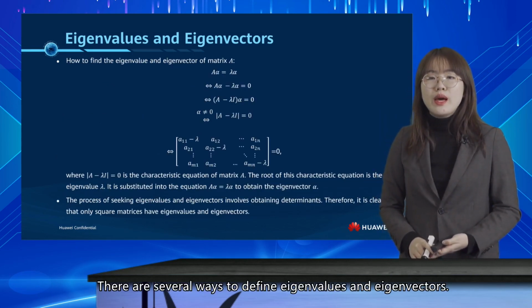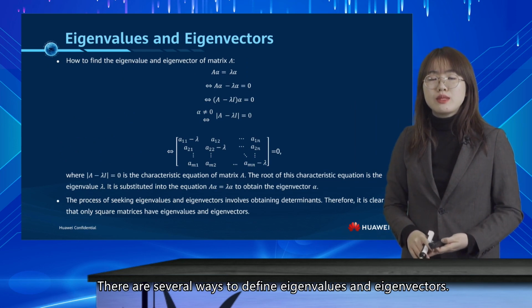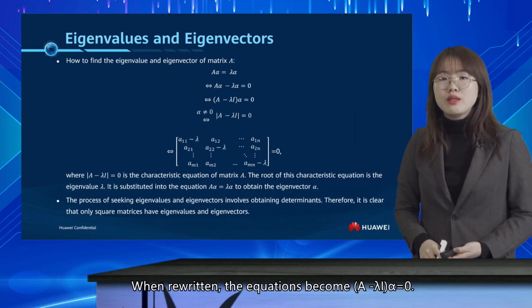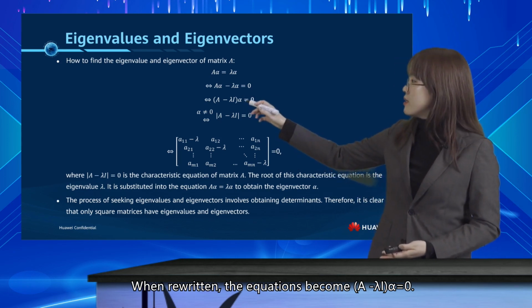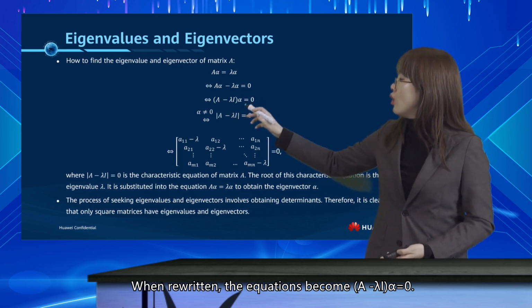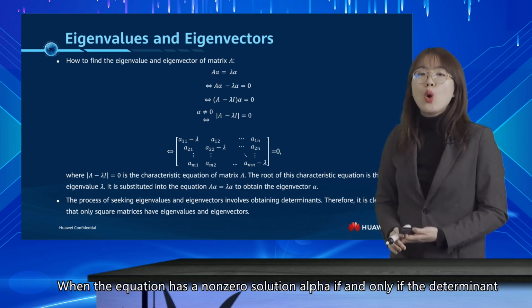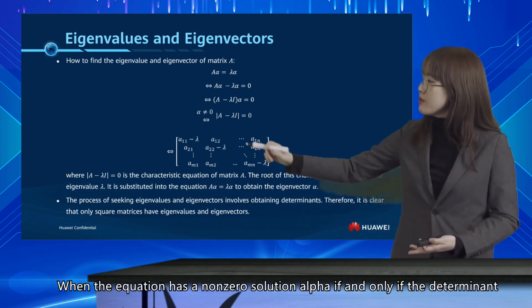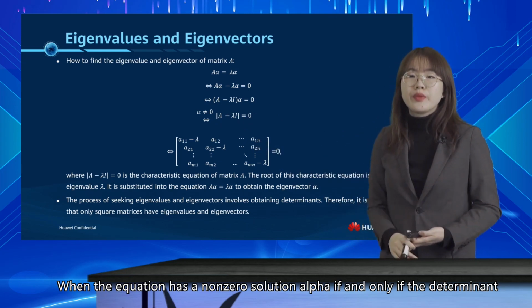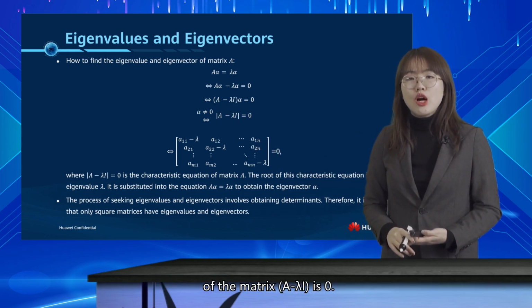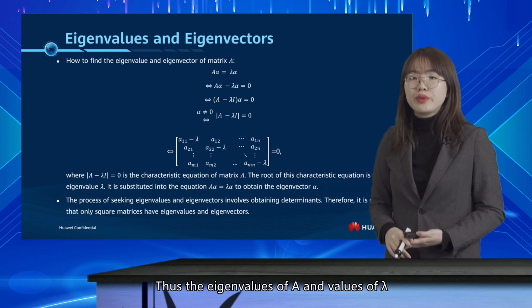There are several ways to define the eigenvalues and the eigenvectors. When rewritten, the equation is A minus lambda I, all times alpha, equals 0. This equation has a non-zero solution alpha if and only if the determinant of the matrix A minus lambda I equals 0.